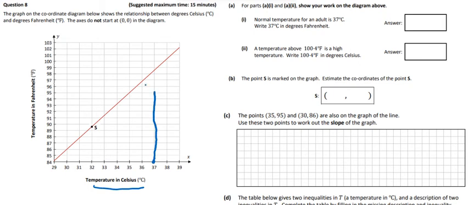Use a ruler in the exam, see where it meets the graph, and then go across. I can't do it very well here, but it should be in between 98 and 99. So it's 98.5 degrees Fahrenheit.